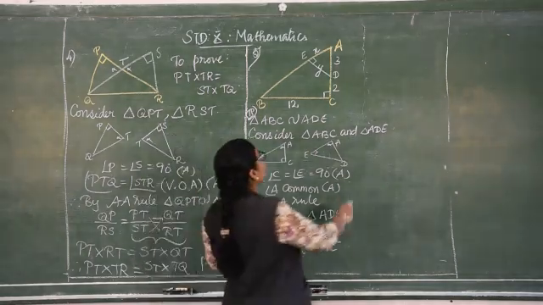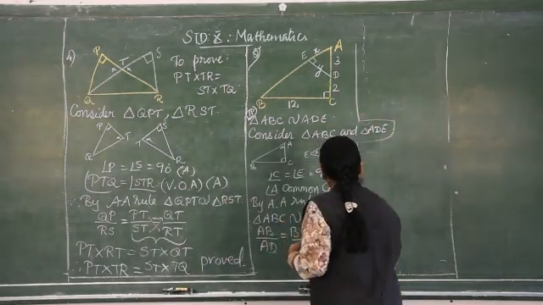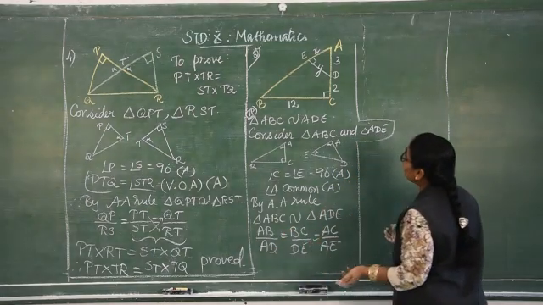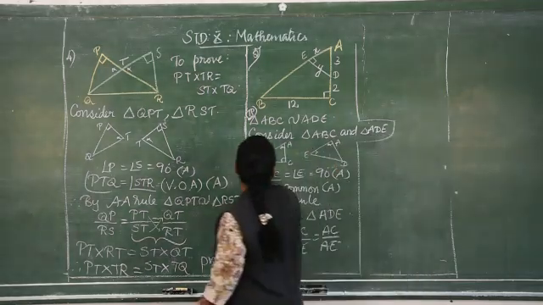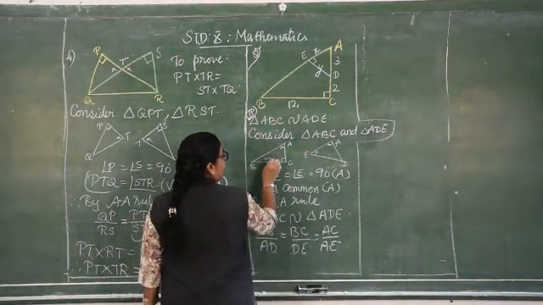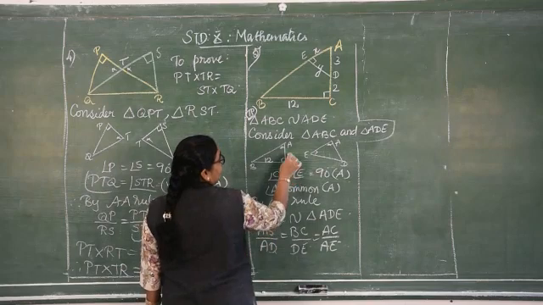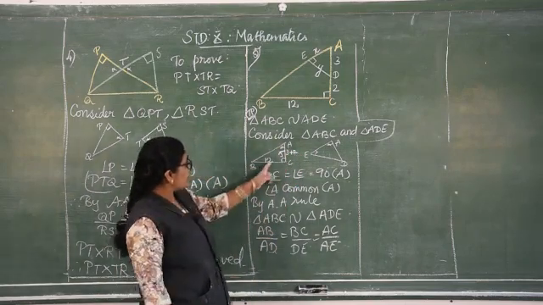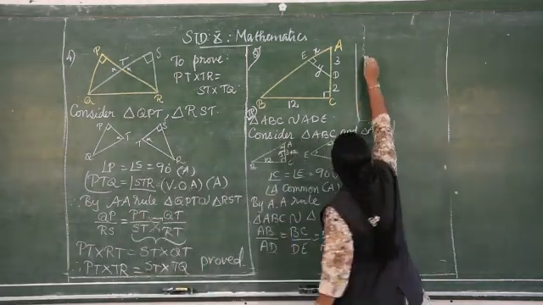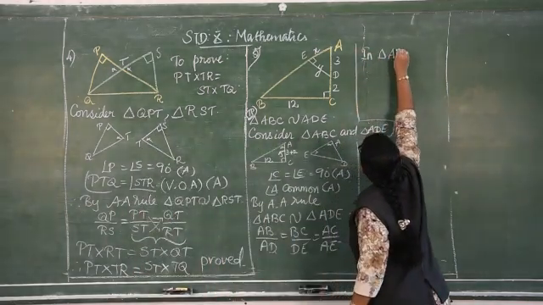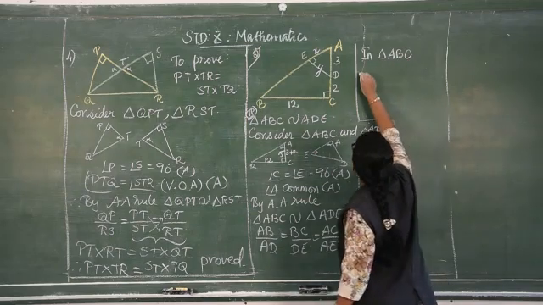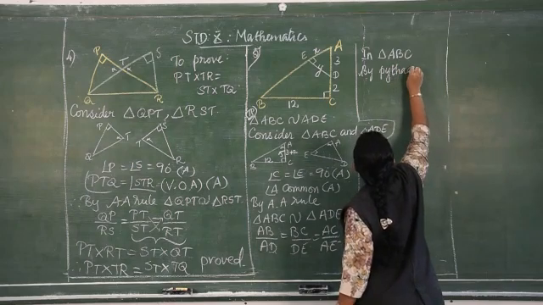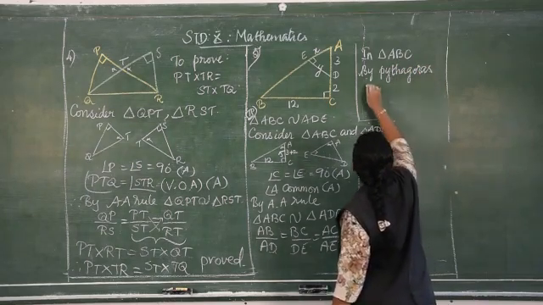Now what are the values we know? AB we don't know. But we know BC is equal to 12. AC is equal to 3 plus 2, it is 5. This is 90 degrees. So in triangle ABC, we have to apply Pythagoras theorem. I told already, understanding we need more.